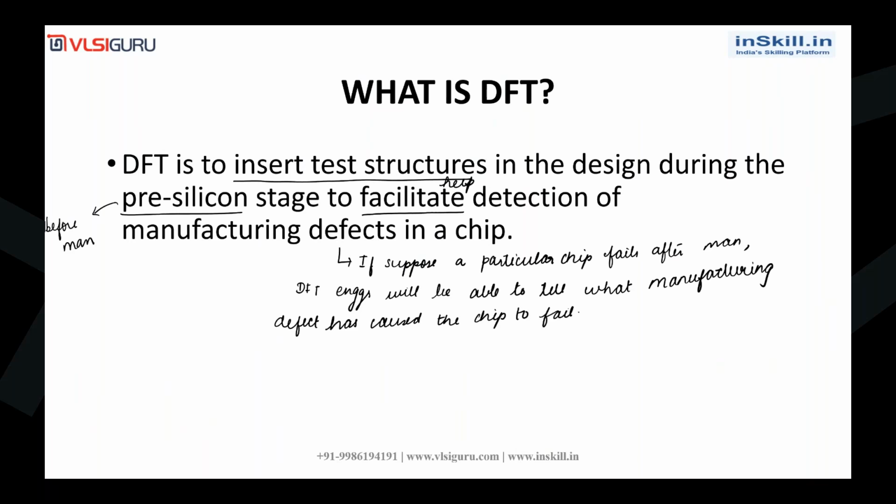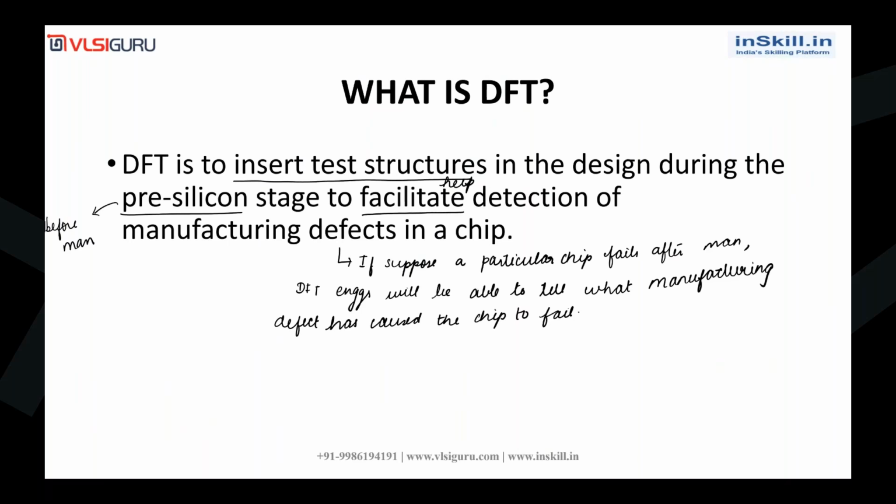Okay. So DFT is actually to insert test structures in the design. We'll be adding our own test structures like scan insertion, MBIST insertion, boundary scan insertion, during the pre-silicon stage. Pre-silicon stage means before manufacturing.